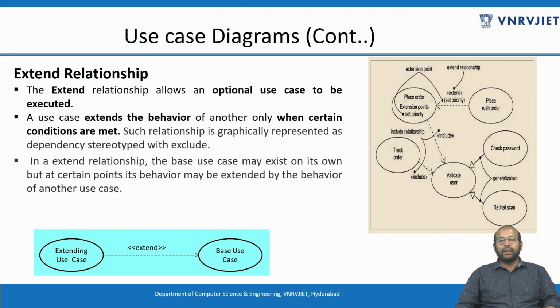Then extend, whenever there is a special case, like the year-end sale, when Amazon gives a Christmas sale. Special offers are there, not all the time. At that time it gives some additional coupons or discounts. Such special cases are represented with the extend stereotype, which can be applied to the dependency relationship. It will be extended only when certain conditions are met.